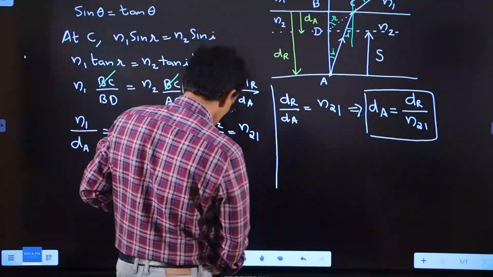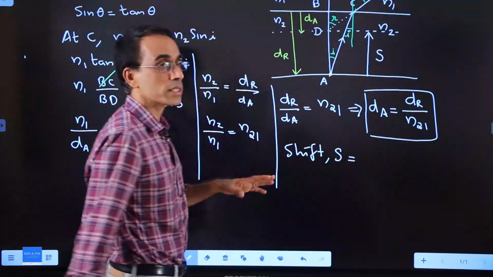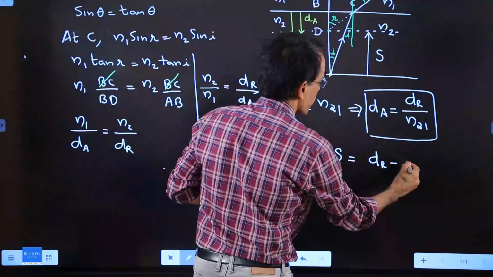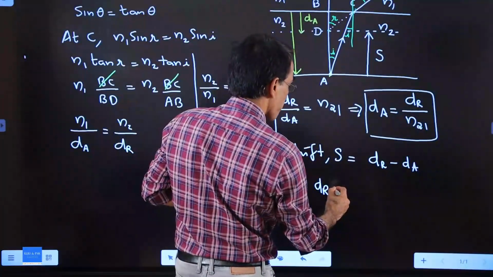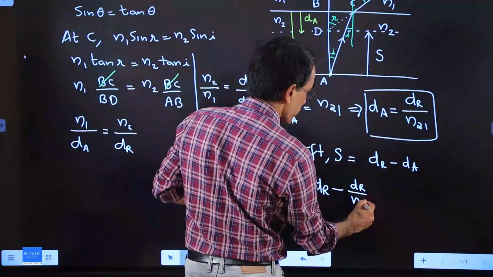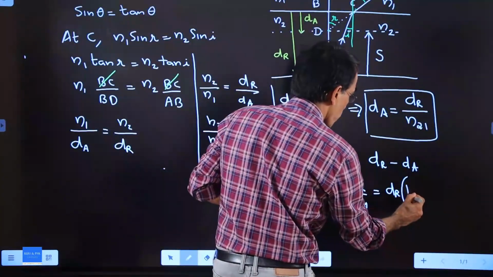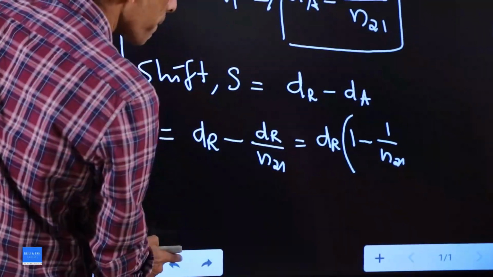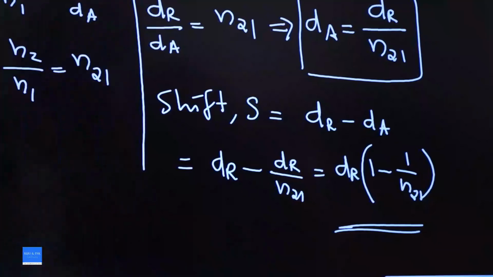Shift s is nothing but real depth minus apparent depth, which is real depth minus real depth divided by n21. So this is d real times bracket 1 minus 1 by n21. So this is the equation for the shift of the bottom.